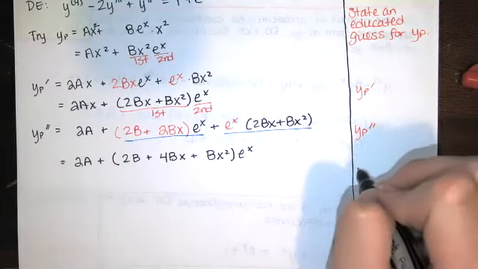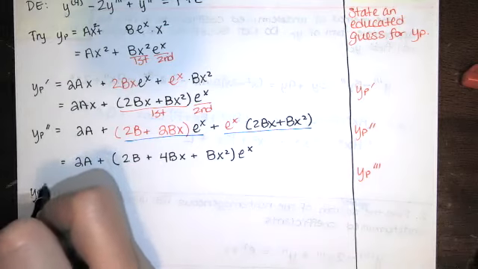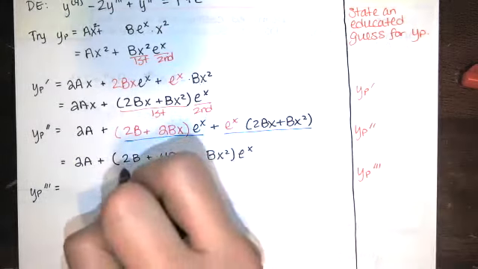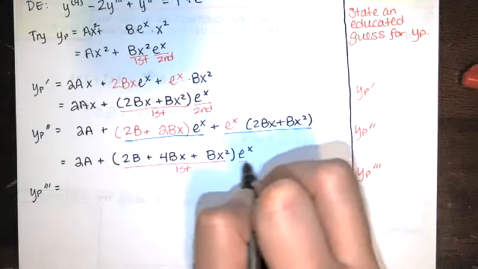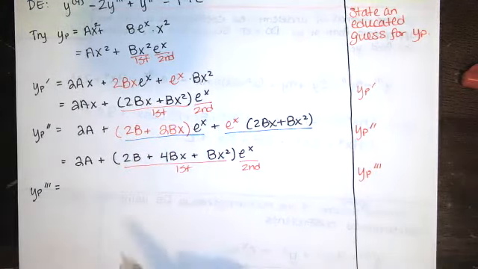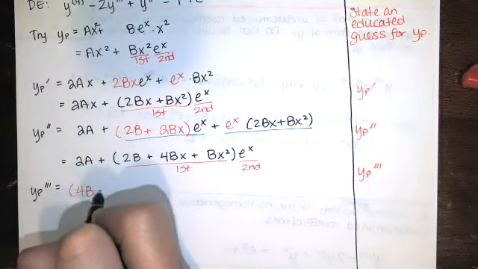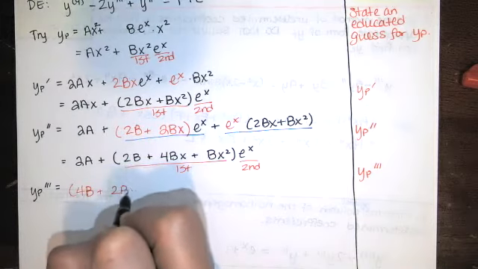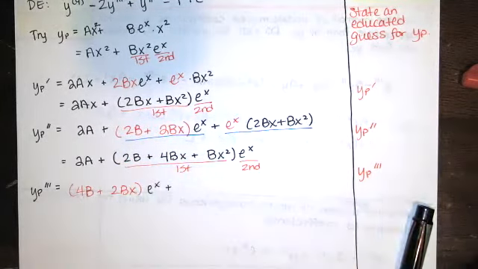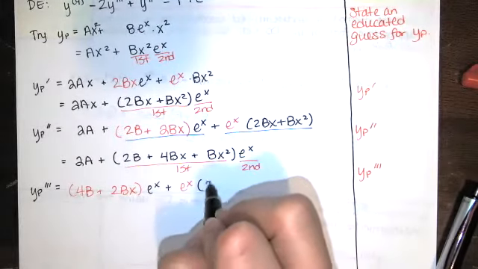Let's compute y sub p triple prime. The derivative of this constant is 0. We've got a first function and a second function. According to the product rule, we have the derivative of the first times the second plus the derivative of the second times the first.